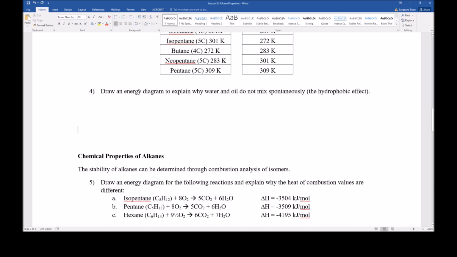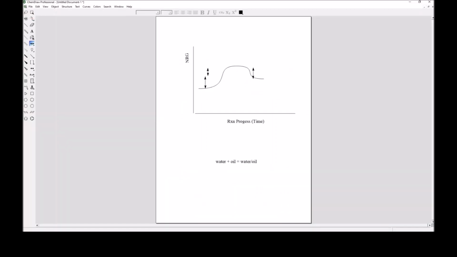So draw an energy diagram to explain why water and oil do not mix spontaneously. This is referred to variably as the hydrophobic effect, and it's based on the concept that you don't get the energy back from the new interactions that the water and, in this case, the oil would make that you spent in order to break the water apart. So this is the energy gained from new interactions on this side.